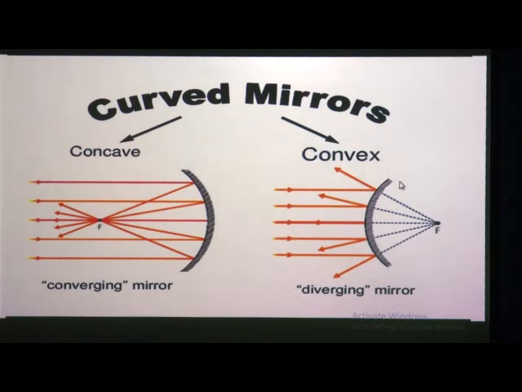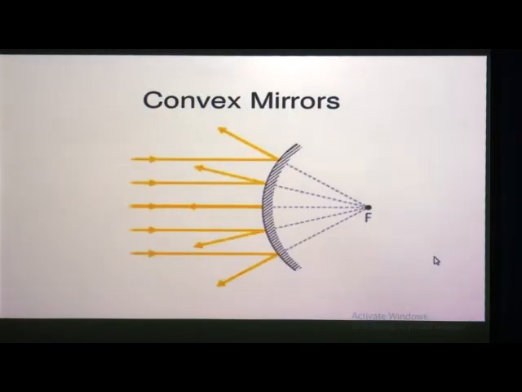This is the structure of a convex mirror, and if you focus light on it, you will see that these rays are going to spread, and that is why it is called a diverging mirror.